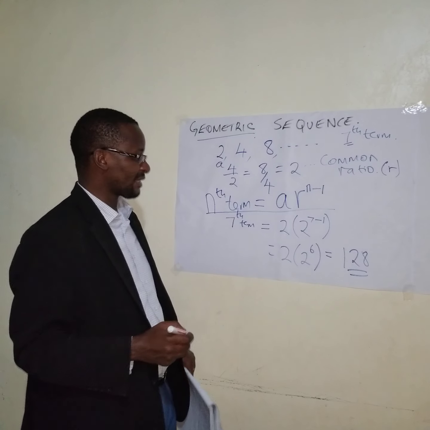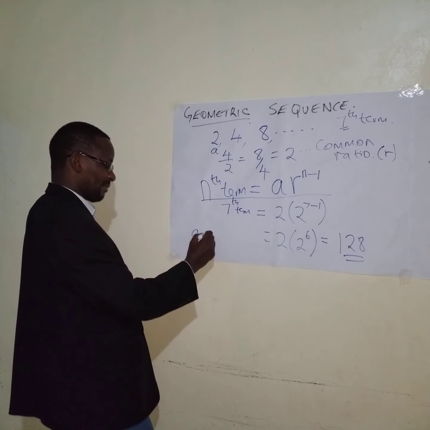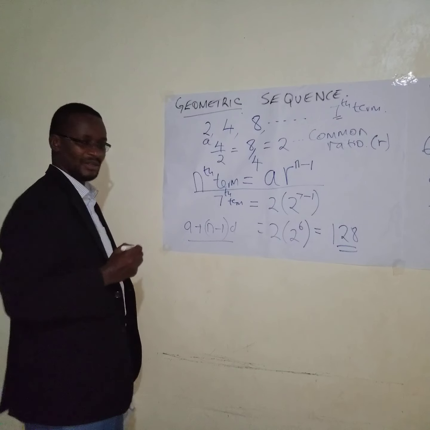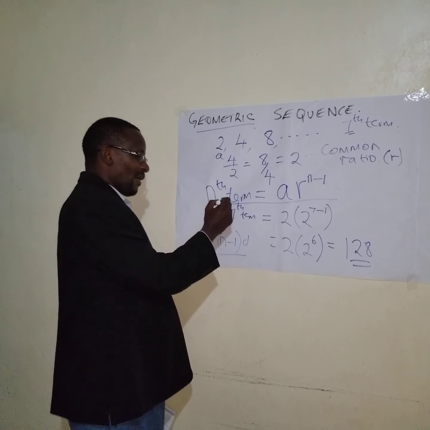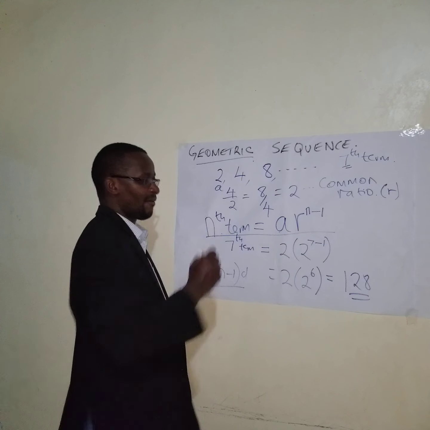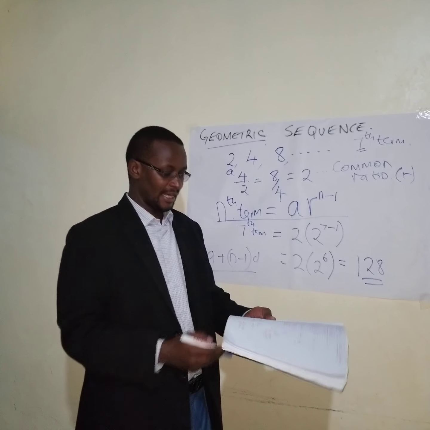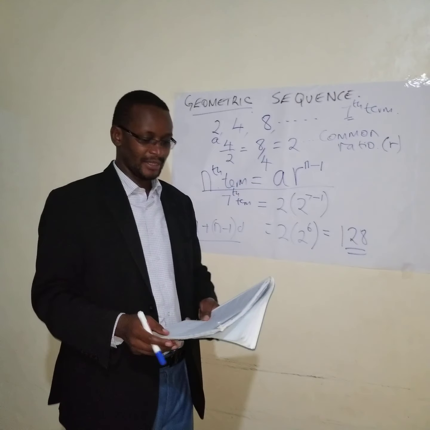The one for arithmetic sequence, which is a plus n minus 1 d. That's the way you get the nth term for arithmetic sequence. And now the one for geometric, which is a r raised to power n minus 1. So practice more on that, and you should be good in that area. Thank you very much. Have a nice day.